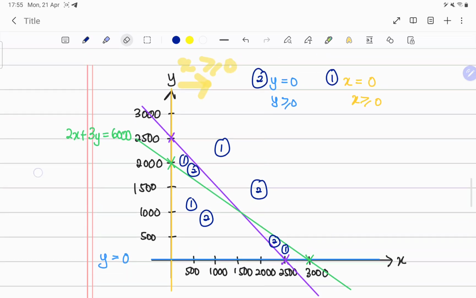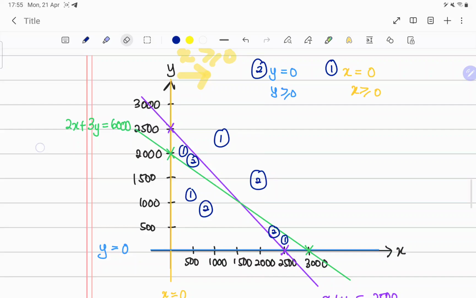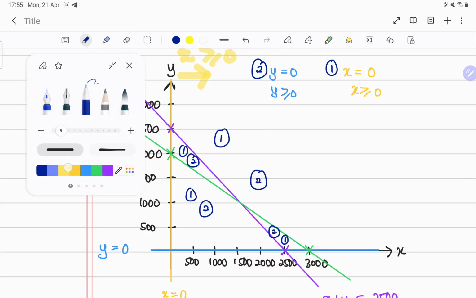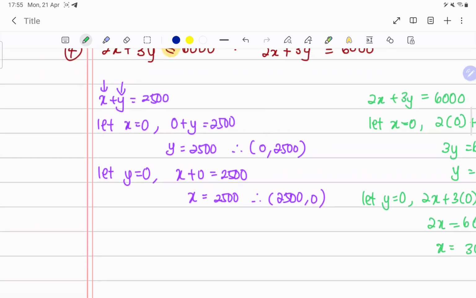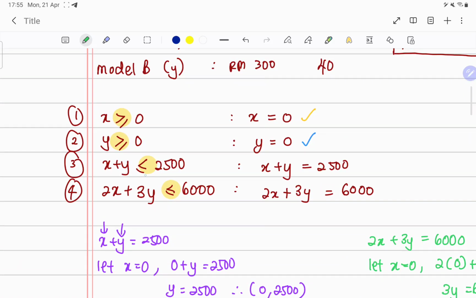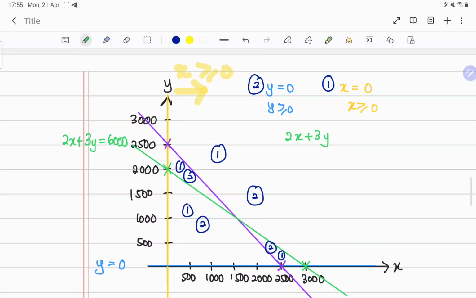Now we have the green color one, which is 2x plus 3y less than or equal to 600, right?